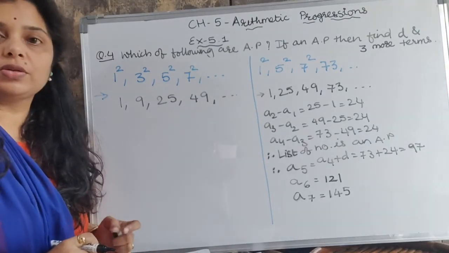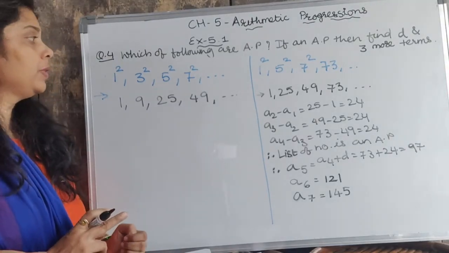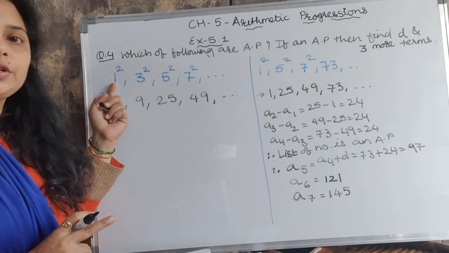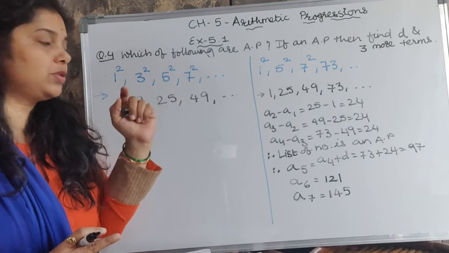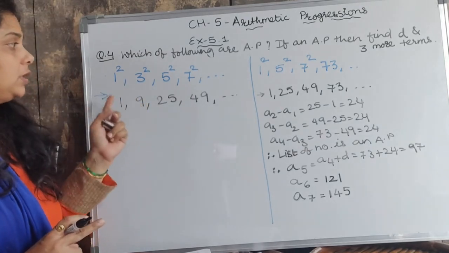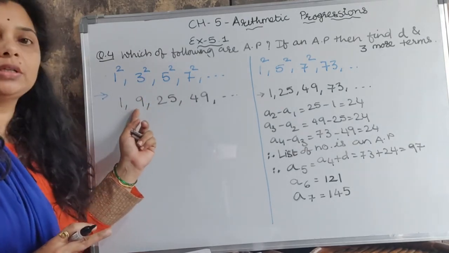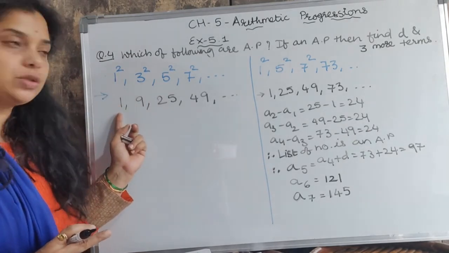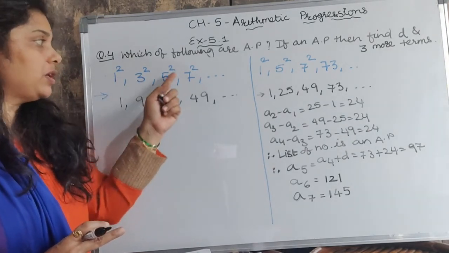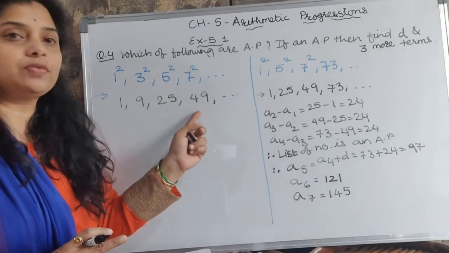Now the last two sums of question number 4. 1 raised to 2, 3 raised to 2, 5 raised to 2, 7 raised to 2. So I convert it and write it down as simple numbers. 1 square is 1, 3 square is 9, 5 square is 25 and 7 square is 49.